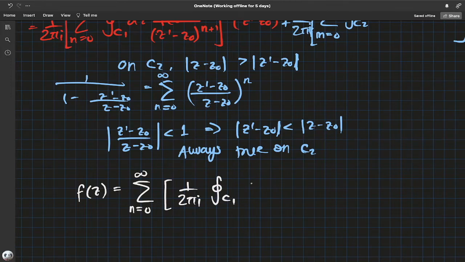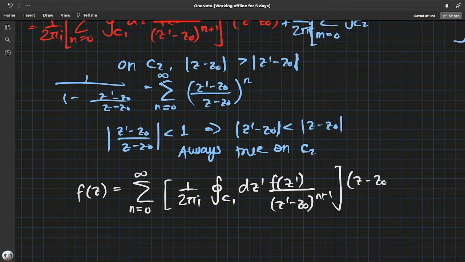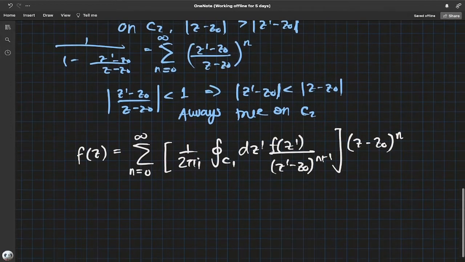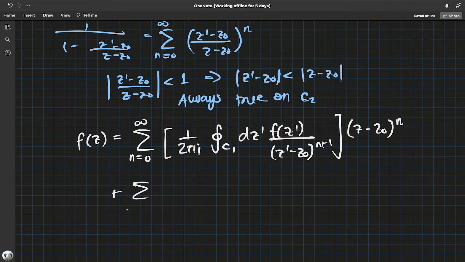Contour integral over C1 dz' f(z') over (z' minus z naught) to the n plus first power, times (z minus z naught) to the nth power, plus, well, n, you can let that n start from -1 and go to negative infinity.